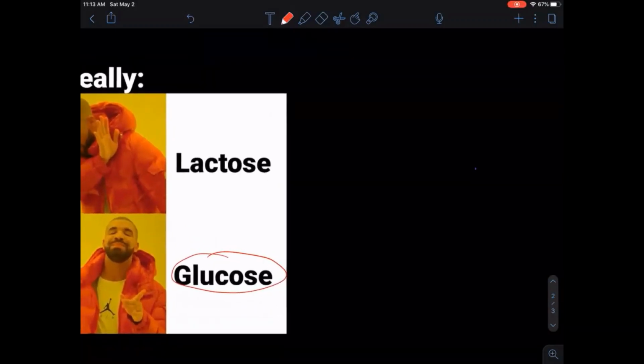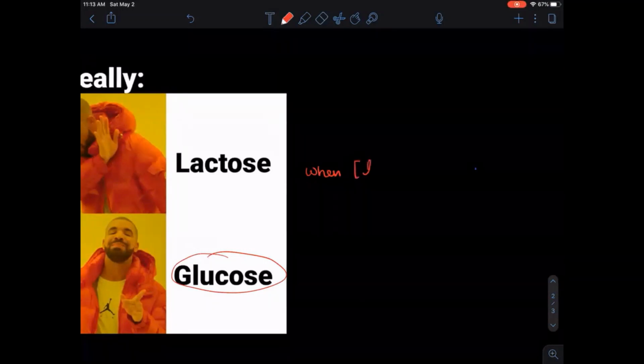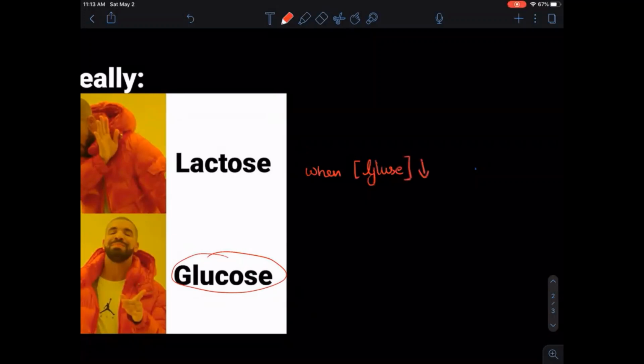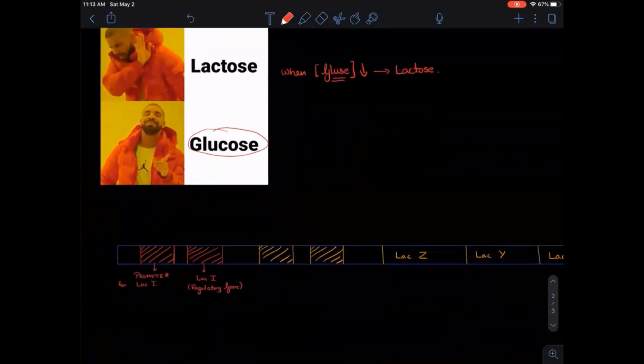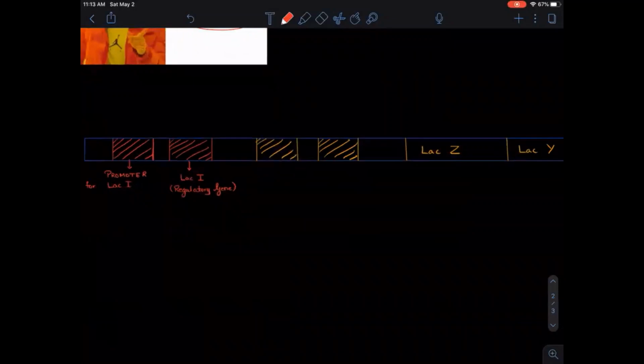However, when concentrations of glucose are low, E. coli can use lactose to metabolize. This is done by a system which is governed by the Lac Operon.